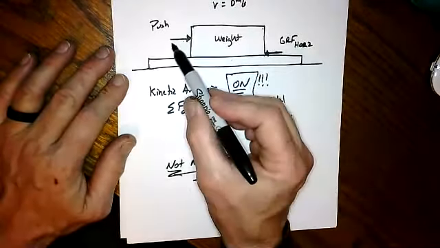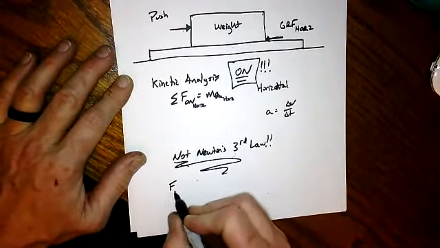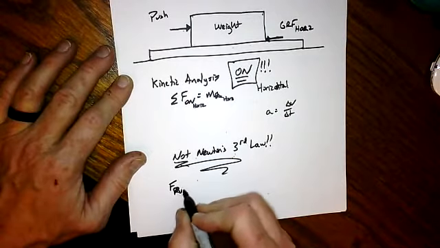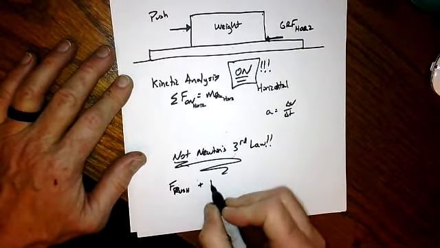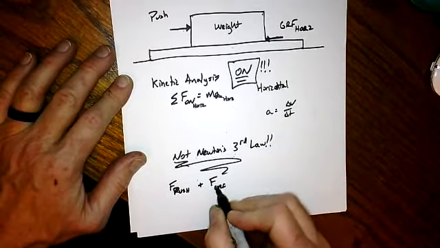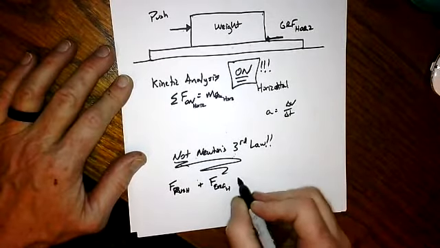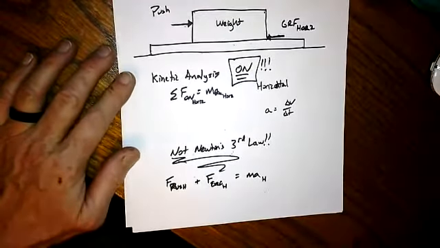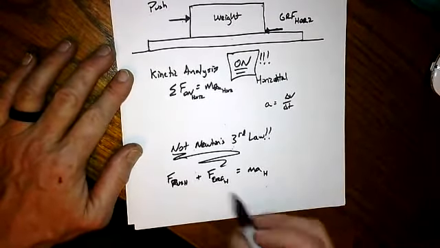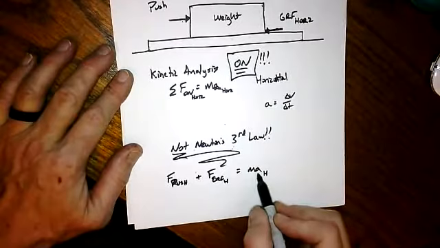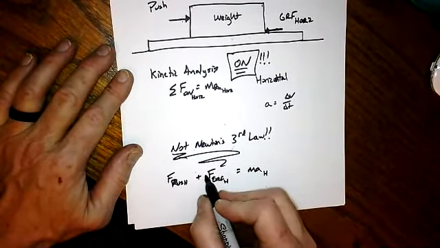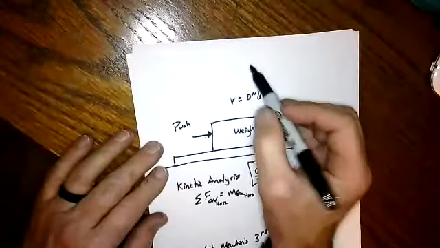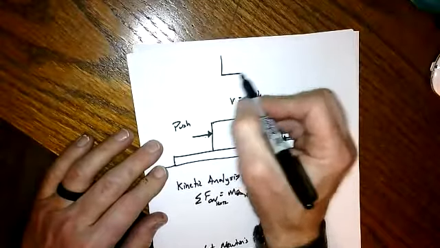All right, so now if I add in the force of my push plus the force of the ground reaction force in the horizontal direction, that has to equal 0 in the horizontal direction. I'm using H as a subscript. These have to add up to 0. This is a negative force. I should have set a reference frame.